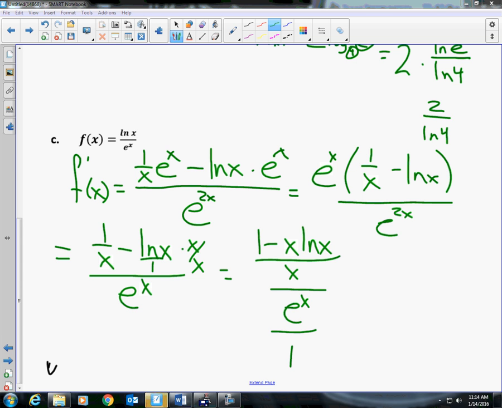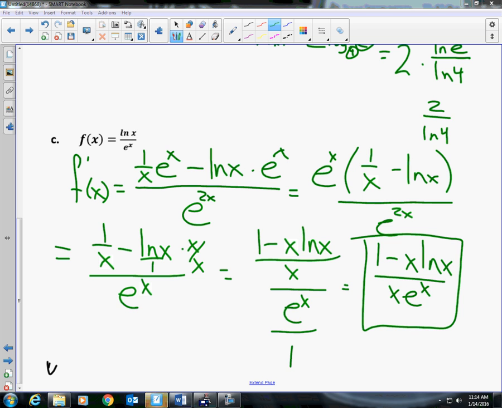Get 1 minus x natural log of x over x e to the x, and that is my derivative. Beautiful.